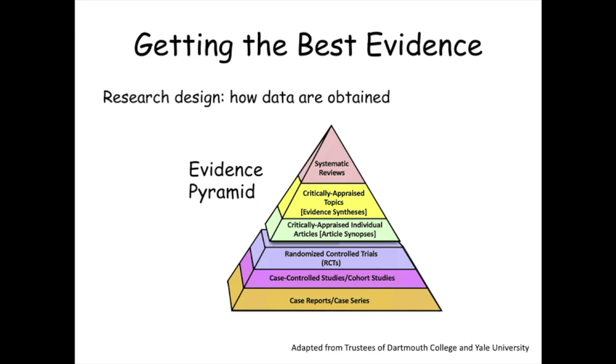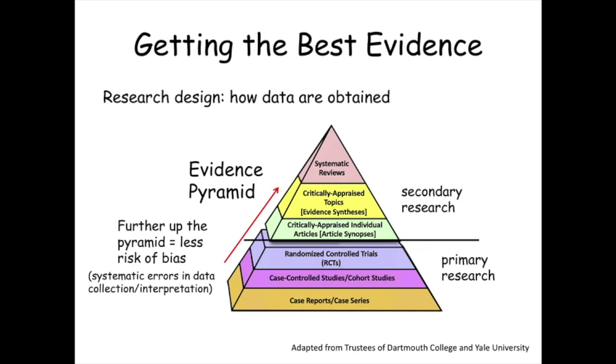This is the evidence pyramid, which depicts common research designs. The research design is how researchers get their data, and it is of critical importance to any investigation. The bottom half depicts primary research, research in which data are collected directly by the researcher. The top half shows secondary research designs, in which researchers study data from previously conducted investigations.